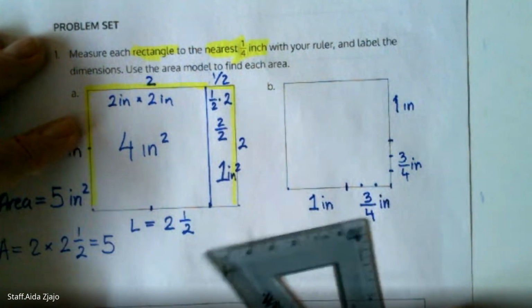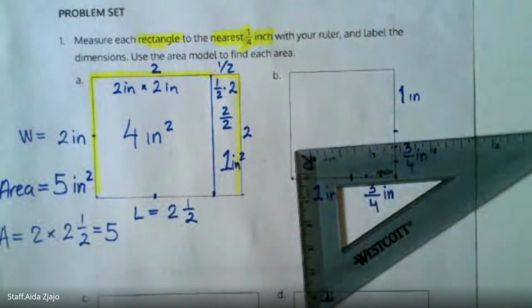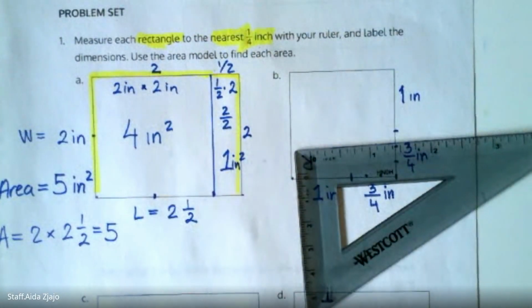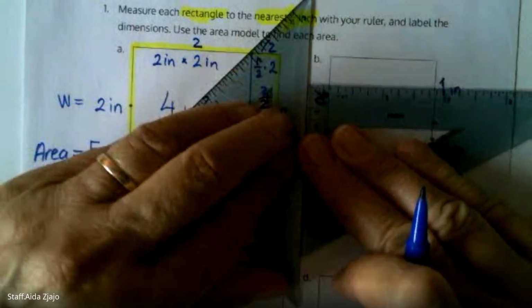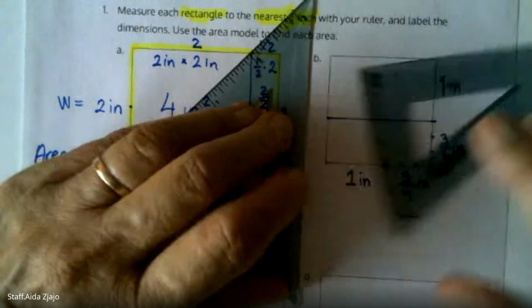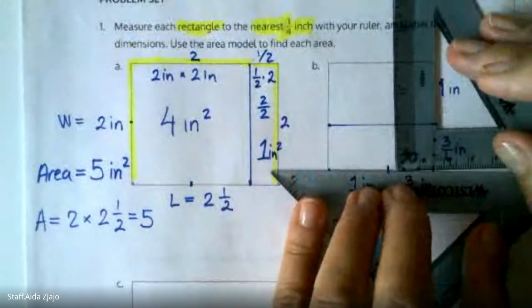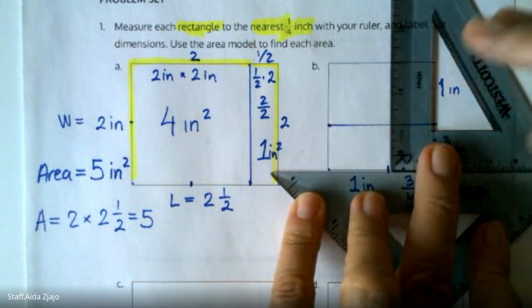Now when we separate the whole inches, I'm going to cut the area into 1 inch horizontally and 1 inch vertically.